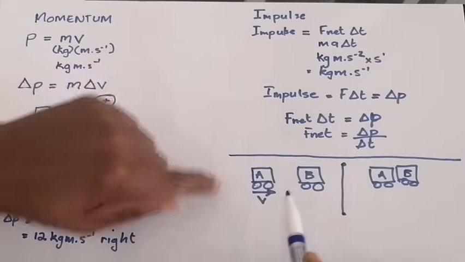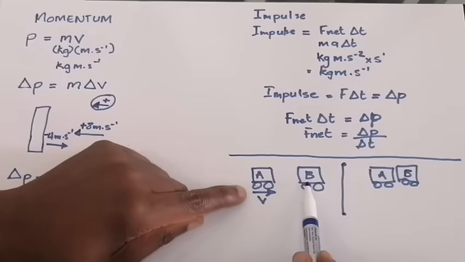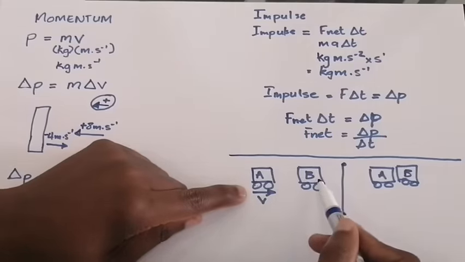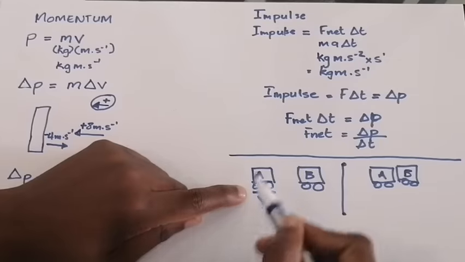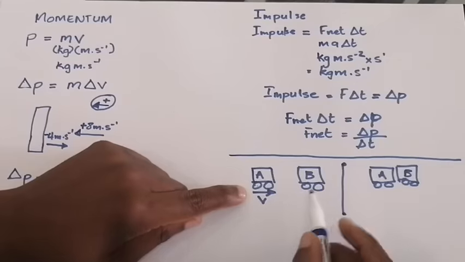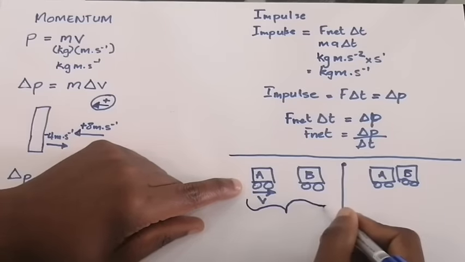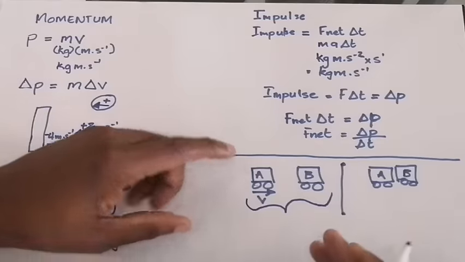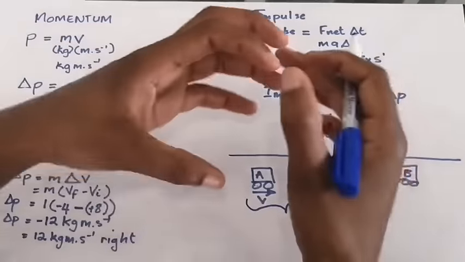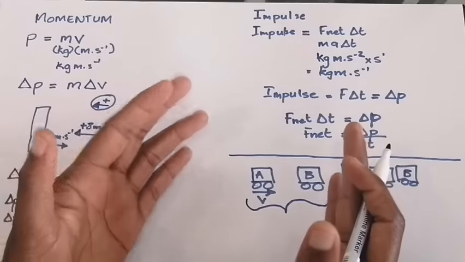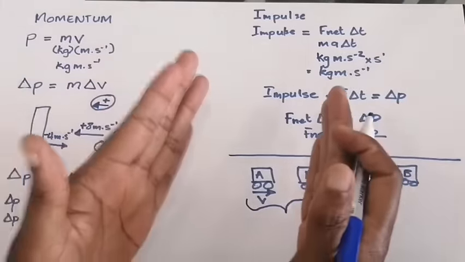So when A collided with B, A transferred some of its momentum to trolley B, such that the momentum of the system, and please note, we are talking about the total linear momentum of the system. What is our system in this case? It's A and B together.